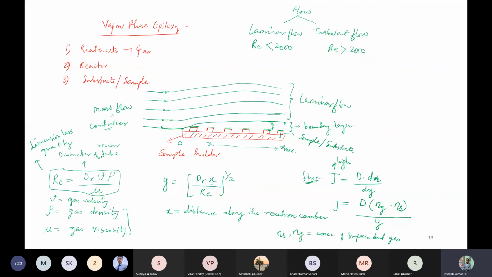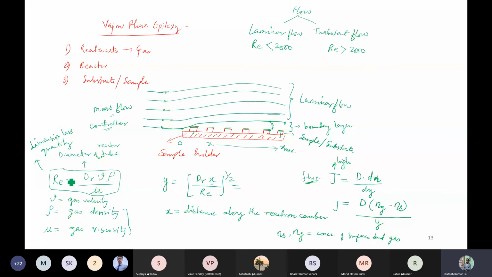of epitaxial layer. To have better deposition, the flux should be high, and to make the flux high, Y should be reduced. To reduce Y, we should reduce this x value. Even if we change the Reynolds number in terms of velocity, we can see the relation between y, the boundary layer, and the velocity from here.